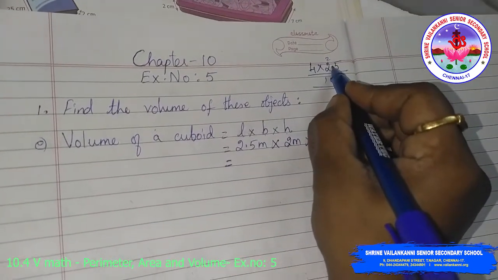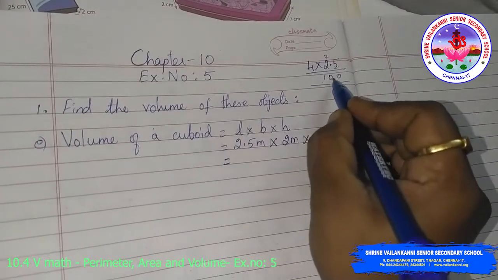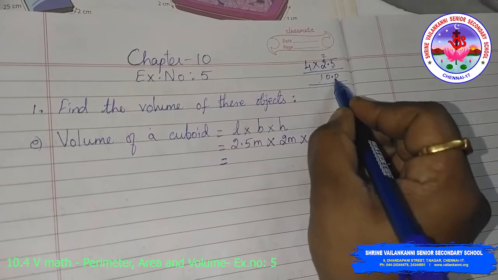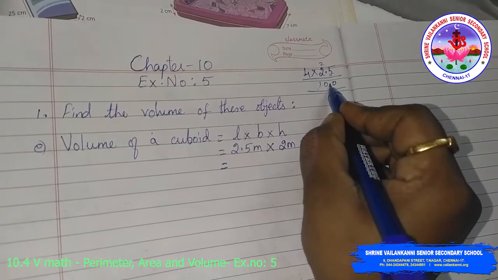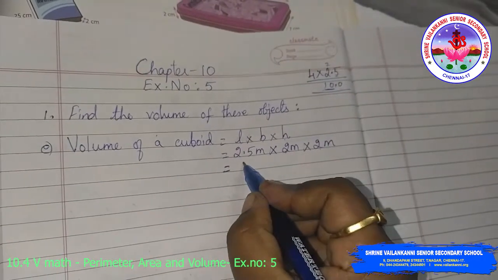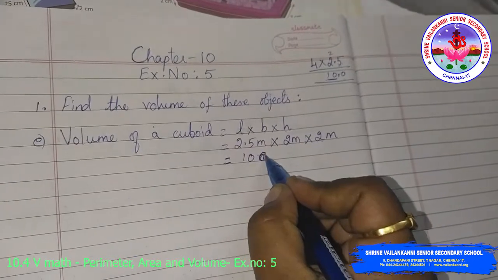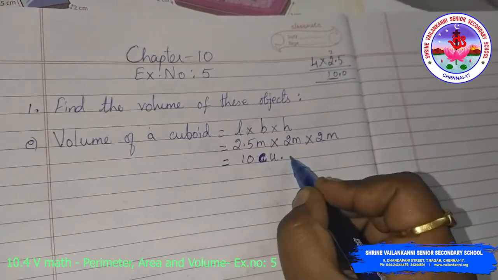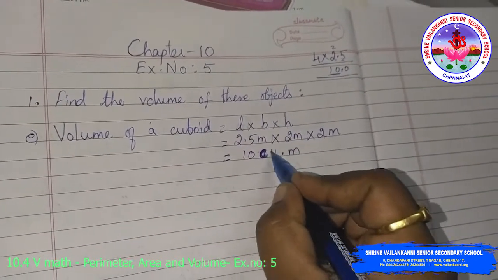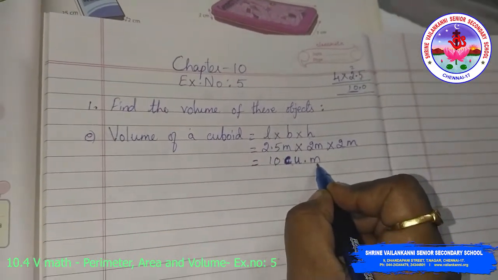After the decimal we have one place, so from right to left moving one place, after 10 keeping the decimal. So 10 is the answer. So we have 10 cube meter. The answer should be written in cube meter.